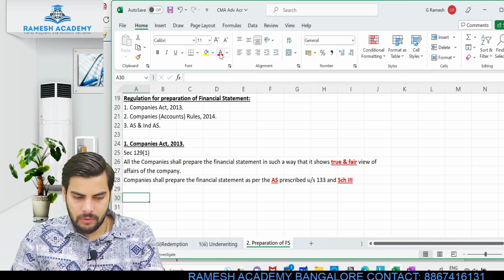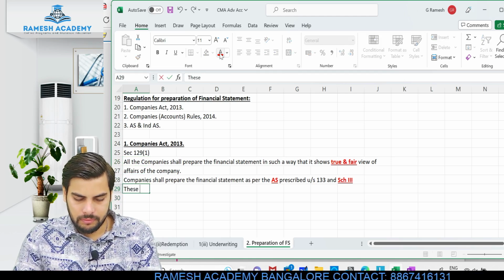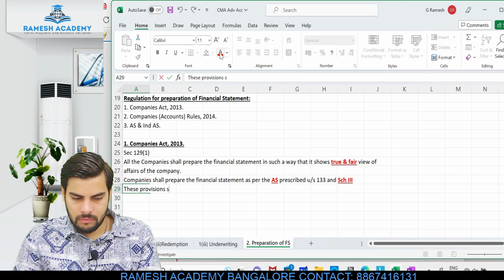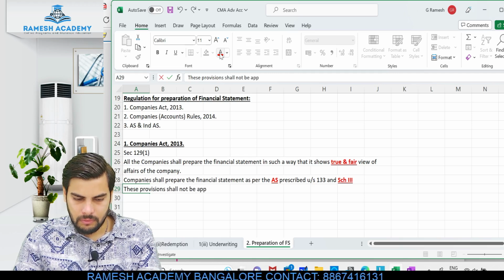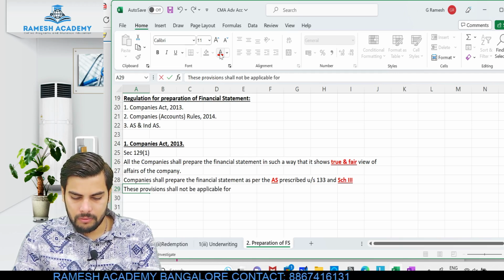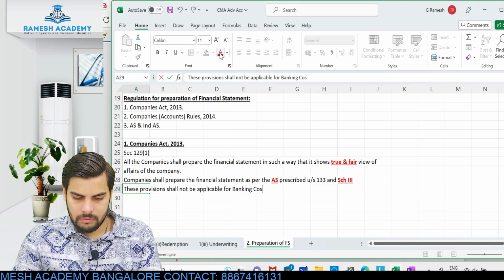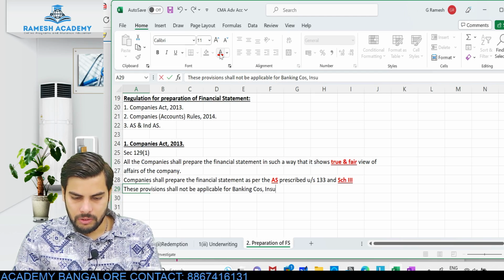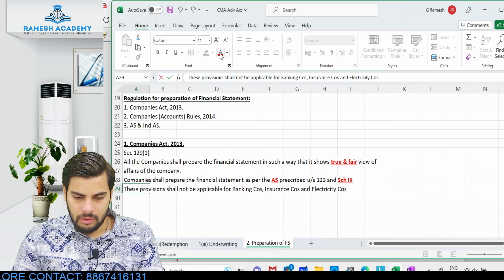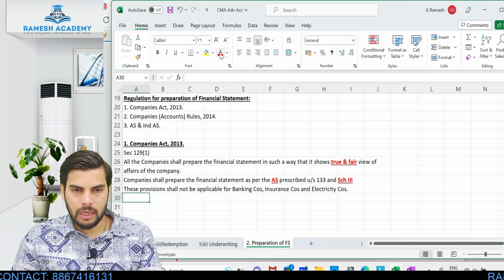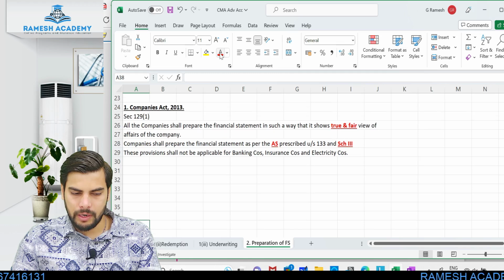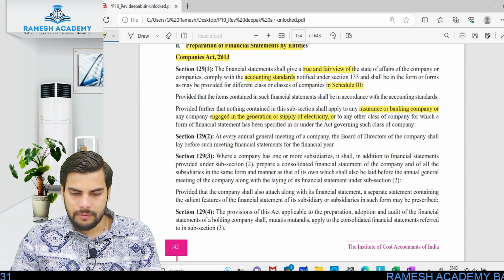These provisions shall not be applicable for banking companies, insurance company and electricity company. You can call them companies engaged in generation and supply of electricity, or electricity companies, both are one and the same. Clear? So this would be the first subsection.